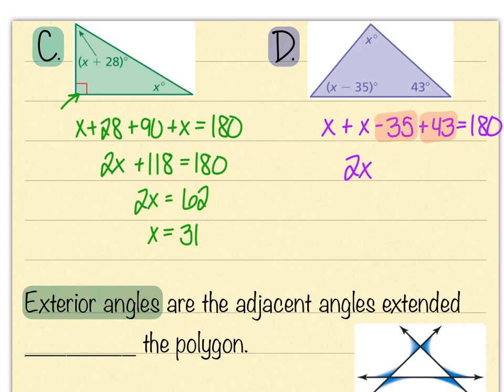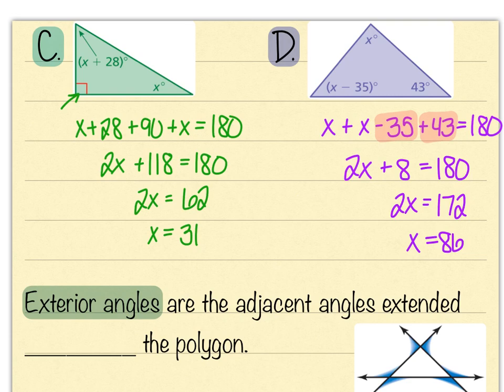When I combine those, with different signs I subtract, so I'm going to get a positive 8. So 2X plus 8 equals 180. Then I subtract 8 from both sides, which is 172, and then divide by 2. That gives us 86 for X.